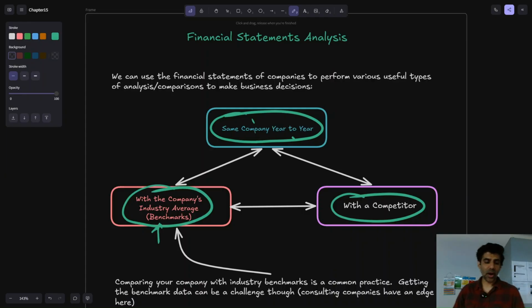So you compare your company with some industry benchmark, and this is a very common practice because you want to make sure your company is not below average, right? You want to be at least average on the things that are important. And if you're below average, this is a cause of concern. You're not maximizing the potential of the company, at least compared to your peers. Okay.